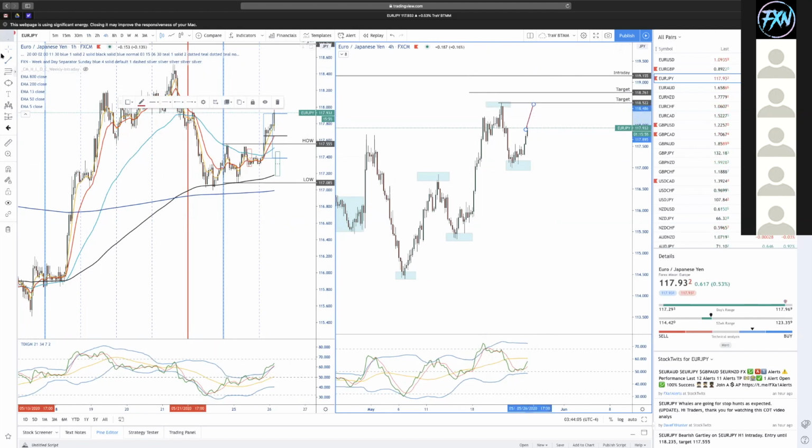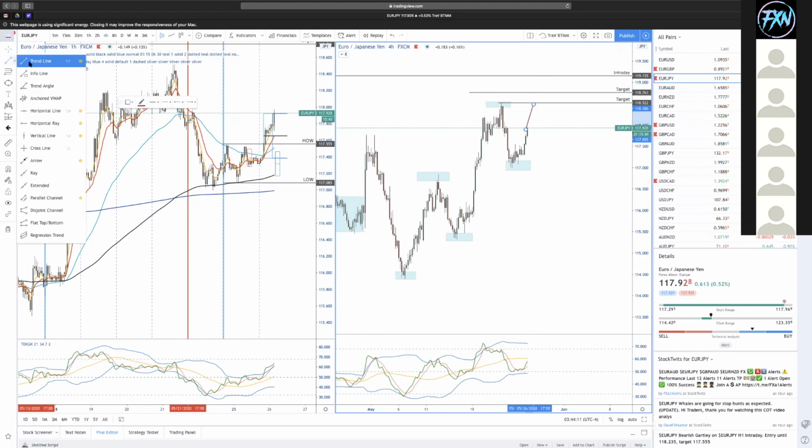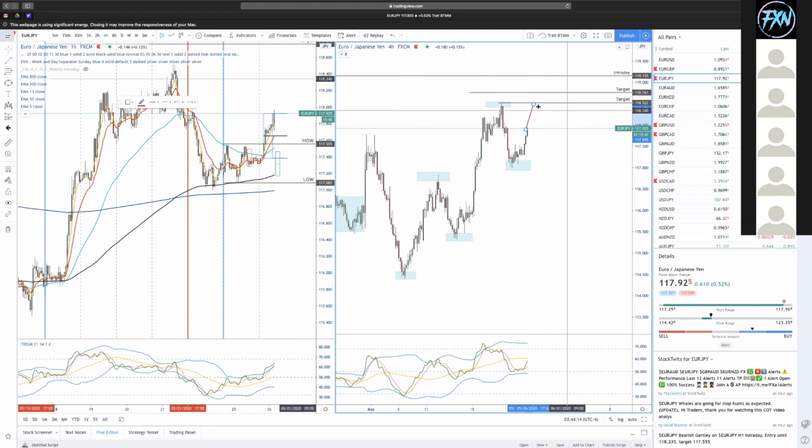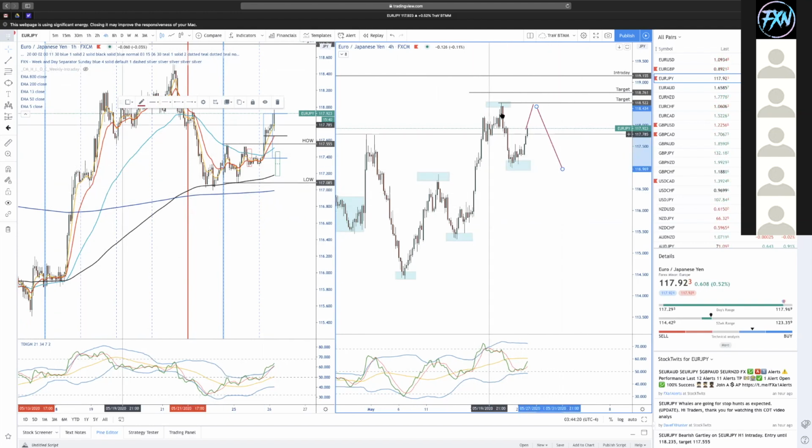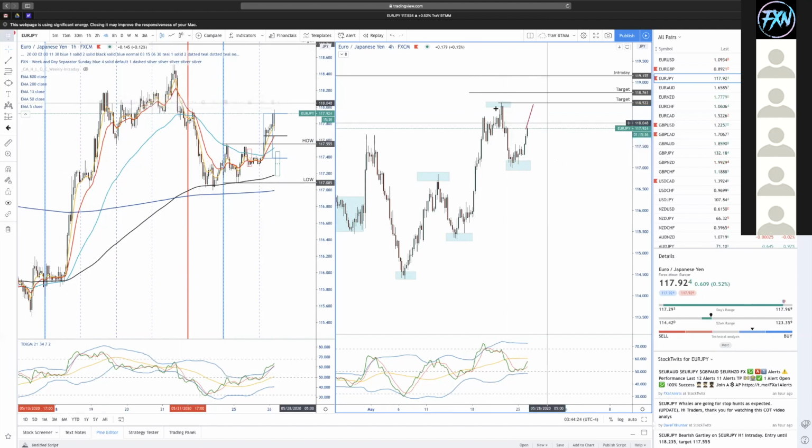Because obviously this is pretty obvious for the general retail trader, it could get messy, is what I'm saying. You can see something like this, and it comes right back down, meets these levels, and does something along those lines to make it a little more complicated, because right now it is looking super clean.